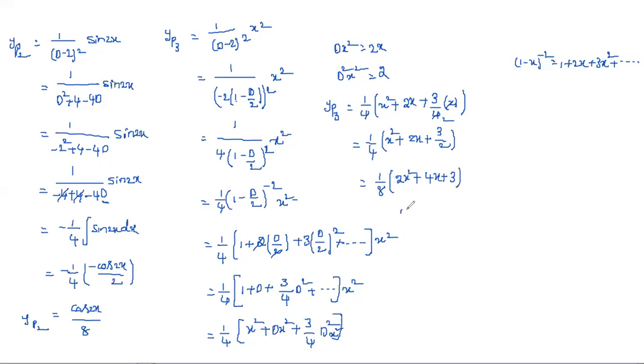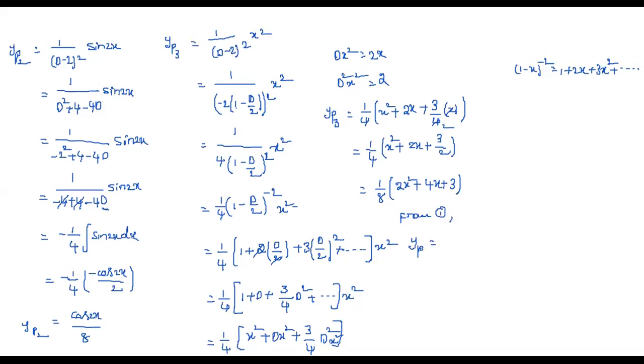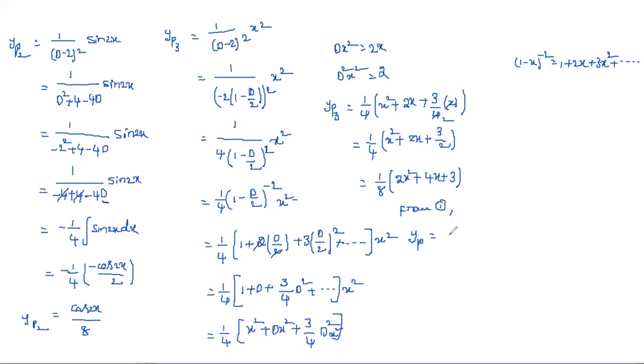Now we need to substitute all those things in equation 1. So from 1, yp is equal to what we got: yp1, x square by 2 e power 2x, and yp2 is nothing but cos 2x by 8, plus yp3, (2x square plus 4x plus 3) by 8.